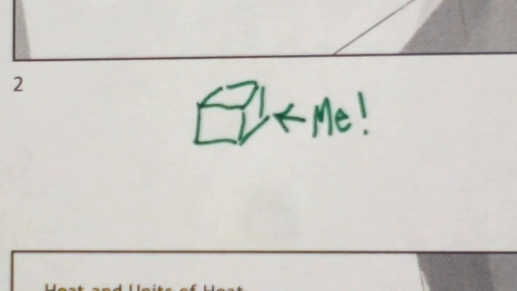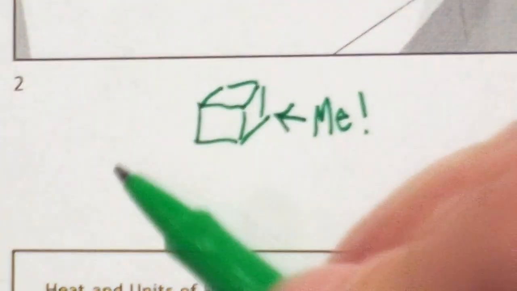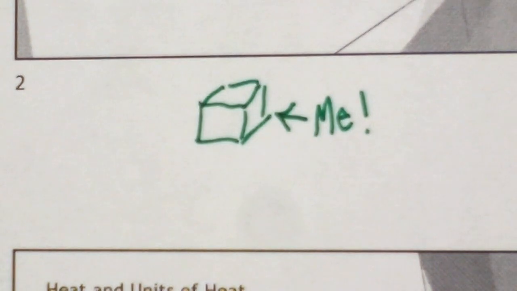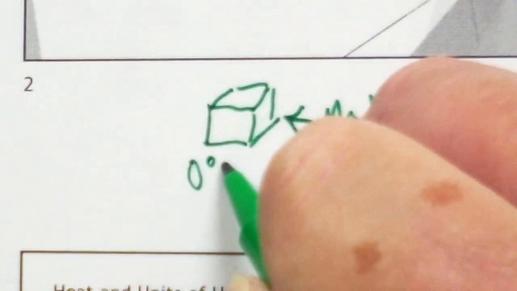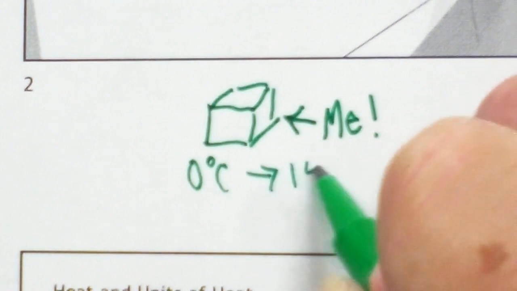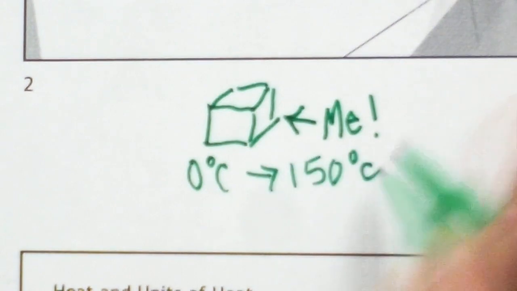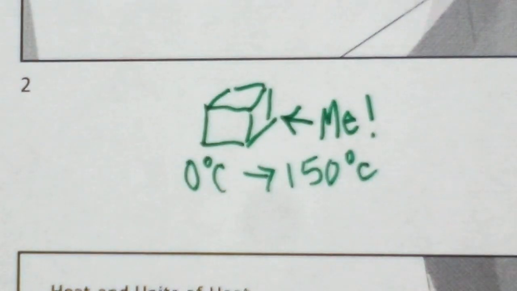Okay, so I get put on a burner, all right, and because I'm not acting this out anymore, I'm writing things down so that I'm keeping my audience engaged. I am going to go from, let's say, 0 degrees Celsius to 150 degrees Celsius because I'm sitting on a burner. Now that means I have gained energy.